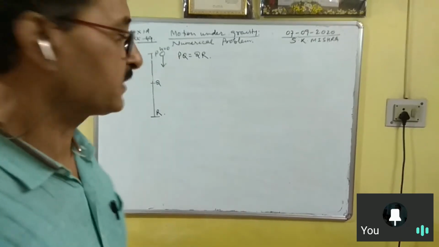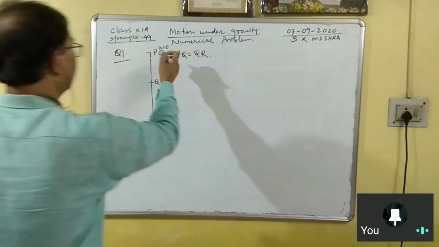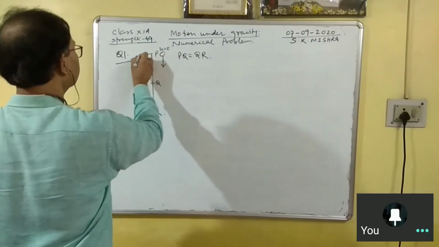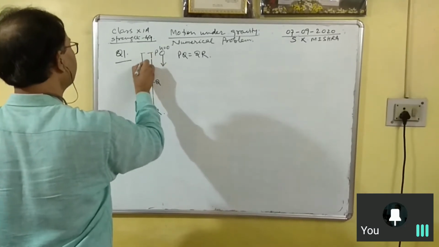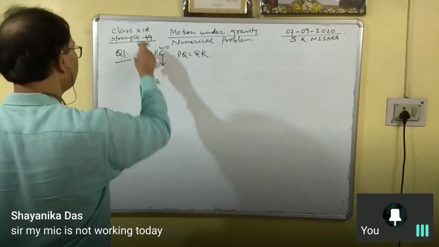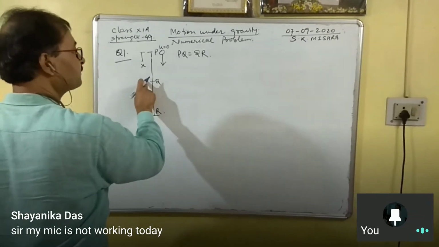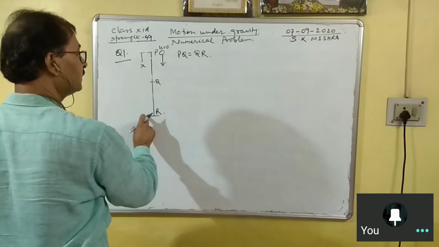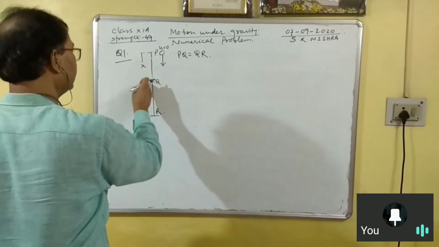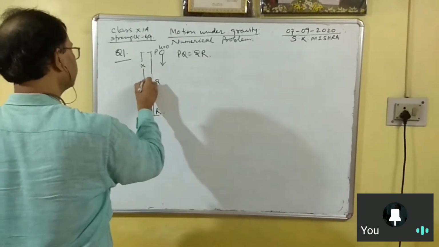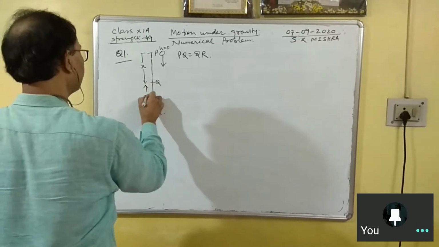Less than 2 seconds. So if you consider this whole height as H, then this will be H by 2, this will be H by 2. Or you may consider X only, so this is X and this one is X only.